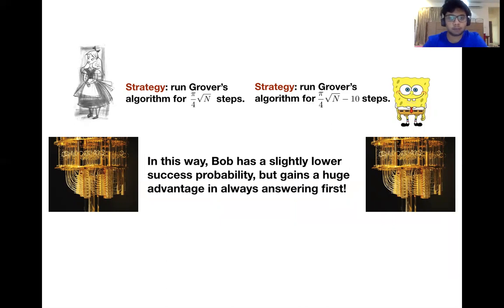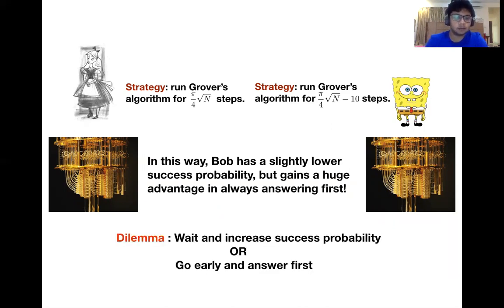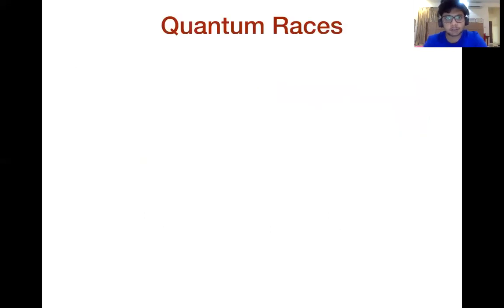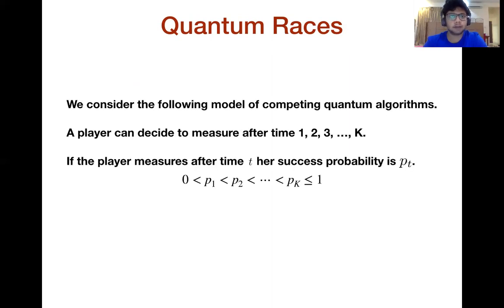So therefore, with a high probability, he wins the $1. So here's a dilemma, whether the player should wait and increase their success probability or go early and answer first. To analyze this situation, we look at this class of games called quantum races.